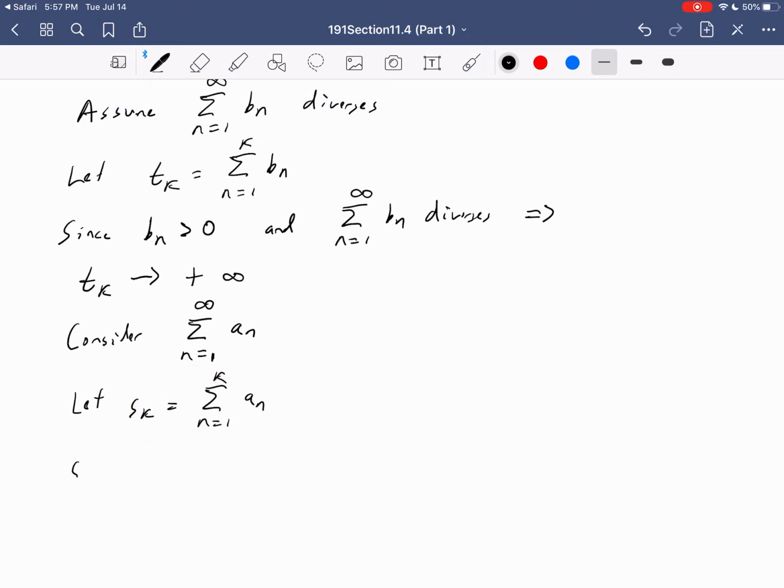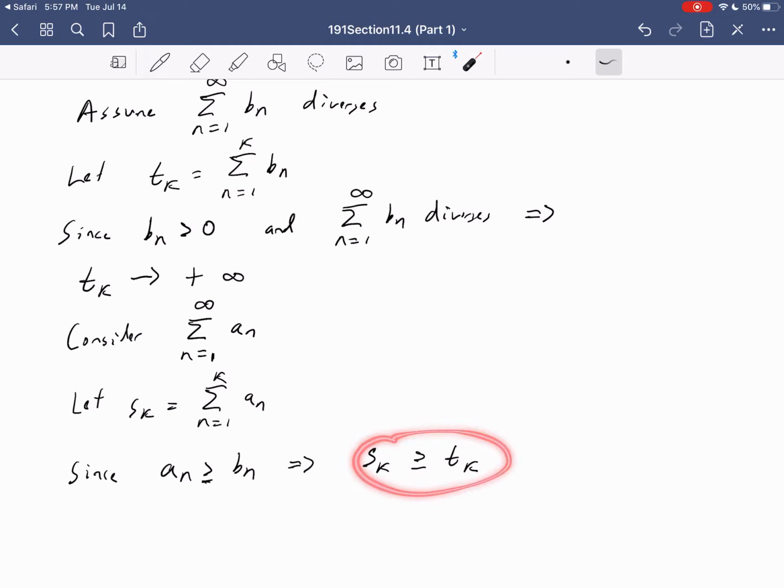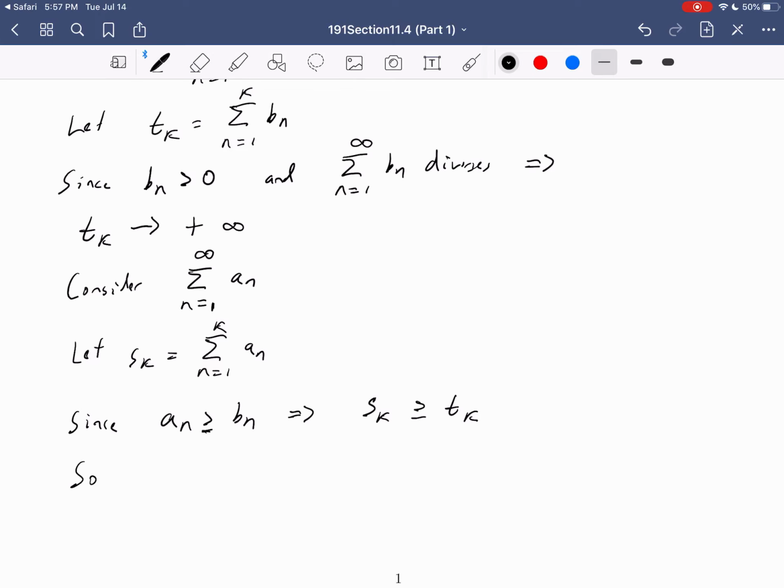Since A sub n is always greater than or equal to B sub n, this implies that S sub k is always greater than or equal to T sub k. But we know T sub k is headed to positive infinity. So since T sub k is headed to positive infinity, so is S sub k. It's headed to positive infinity as well.